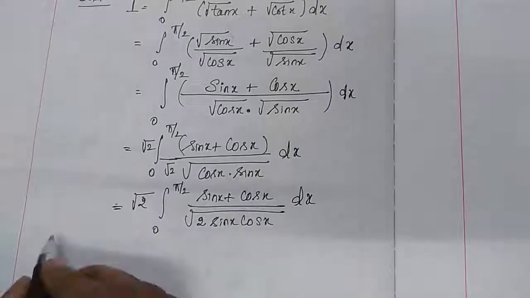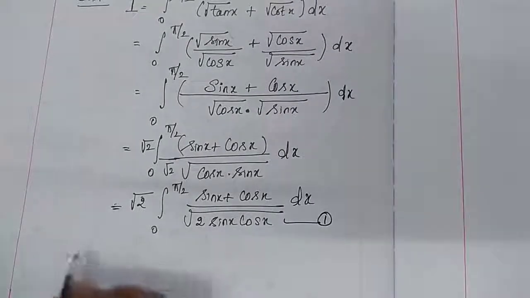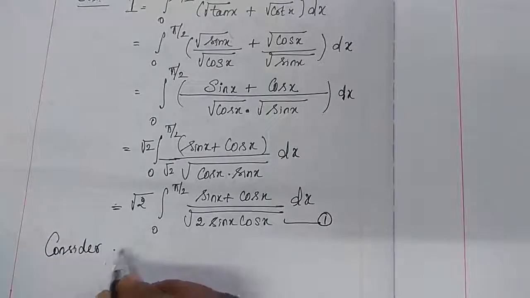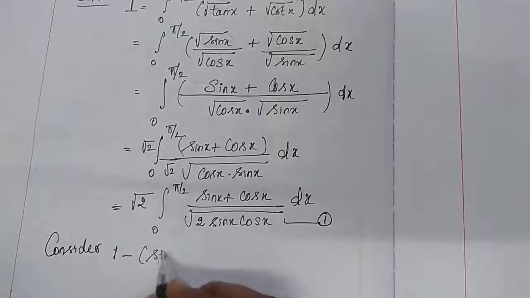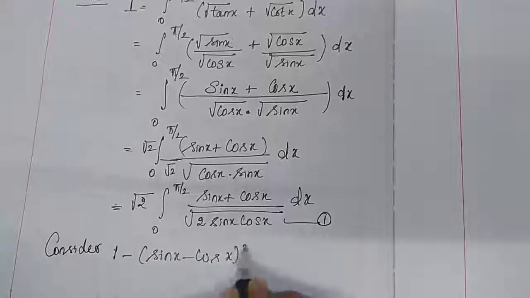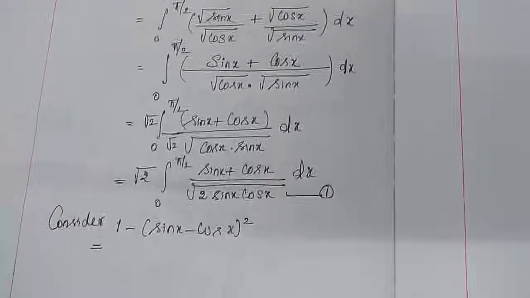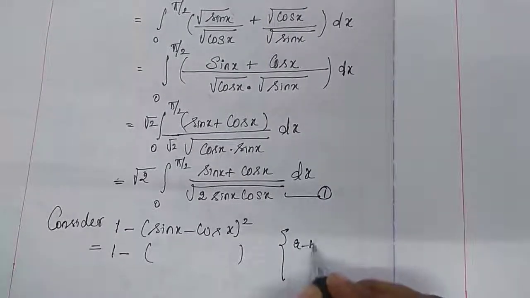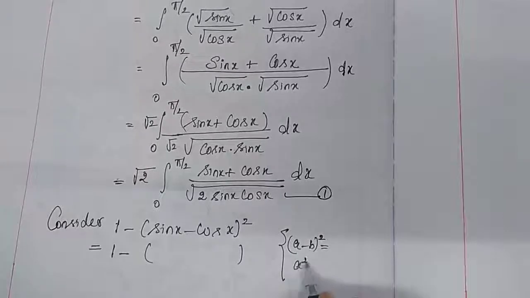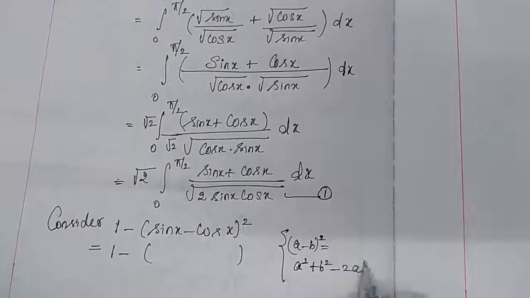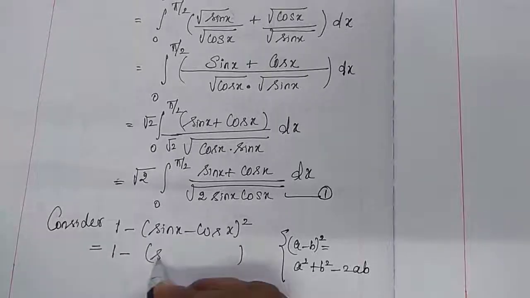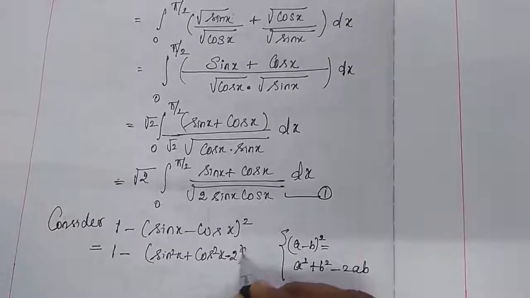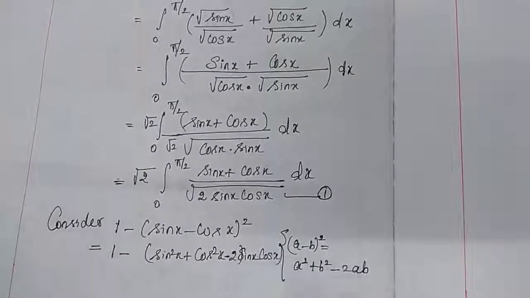Let's take this as equation number 1. Now consider the term 1 minus (sin x minus cos x) the whole square. First simplifying it, this is of the form (a minus b) the whole square, equal to a square plus b square minus 2ab. So we get sin square x plus cos square x minus 2 sin x cos x.